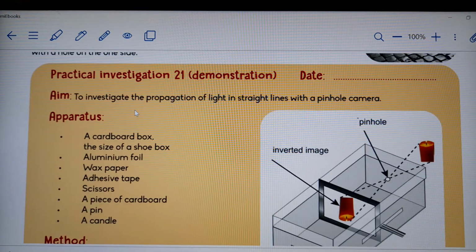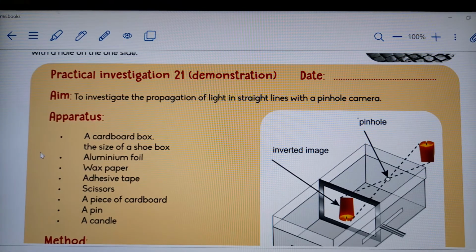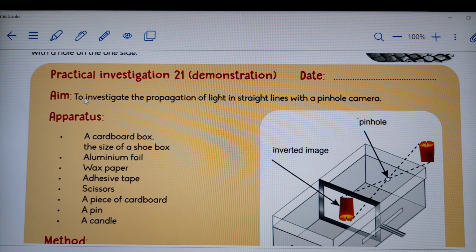So we are going to see a short investigation to investigate the propagation of light in a straight line. In this investigation that is on page 216, this is what we will need: a card box the size of a shoebox, aluminum foil, wax paper, adhesive tape, scissors, a piece of cardboard, a pin, and a candle.